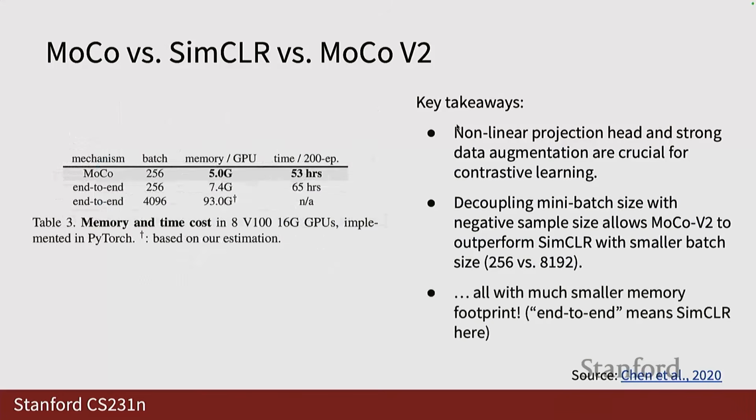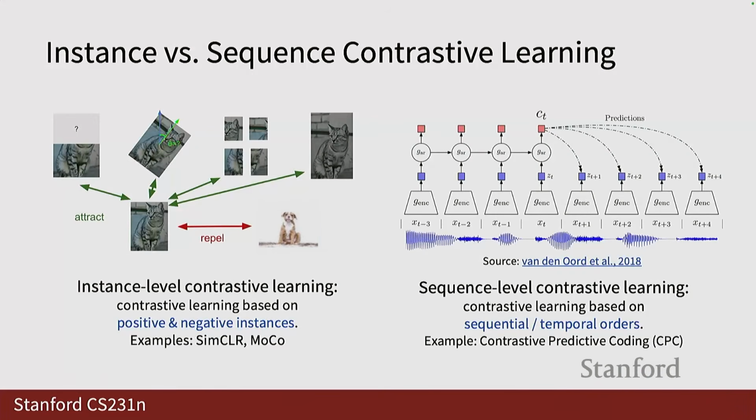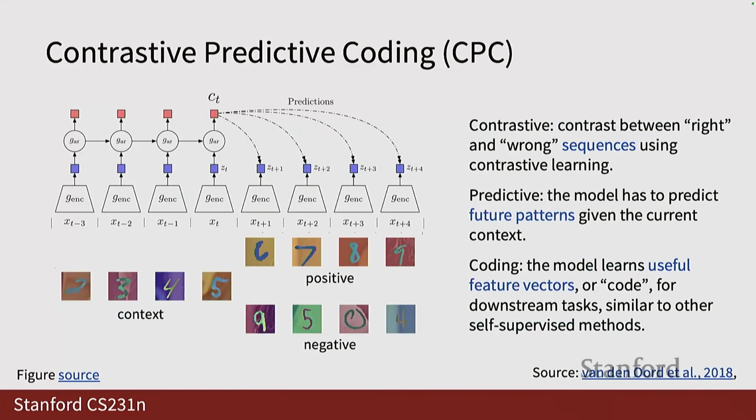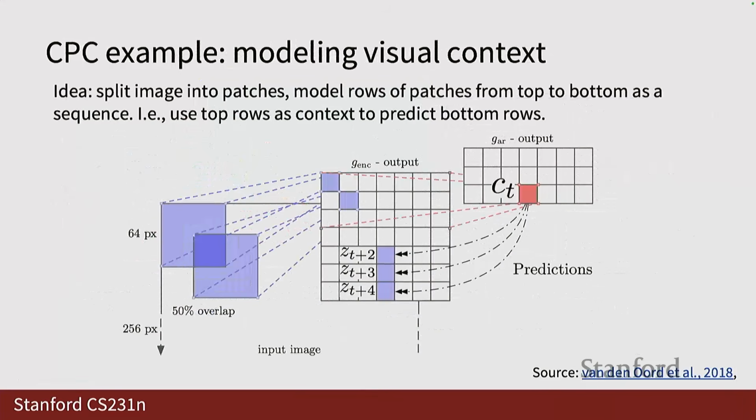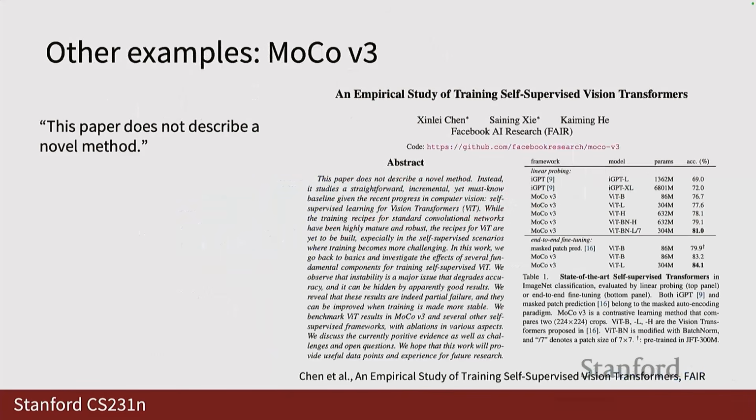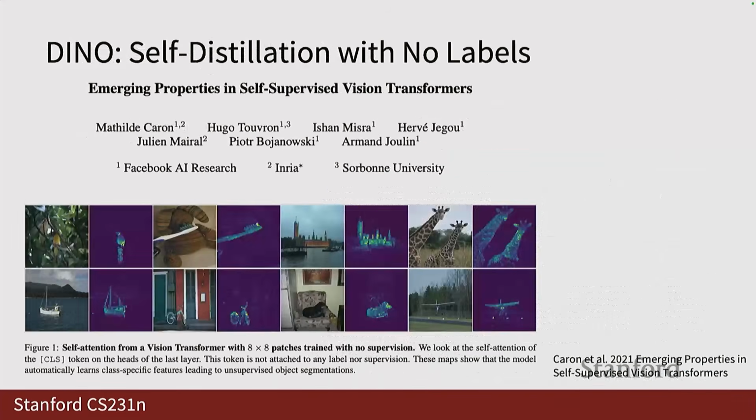I will stop here, but there was also CPC, contrastive predictive coding, as another example that you can look at in the slides. And then a better version, MoCo version 3.